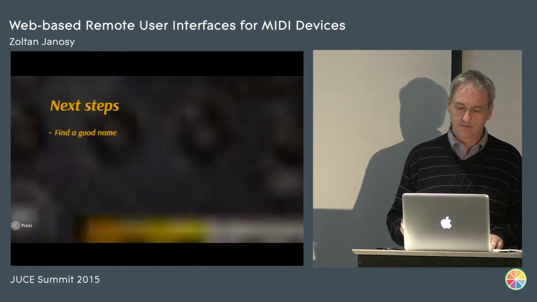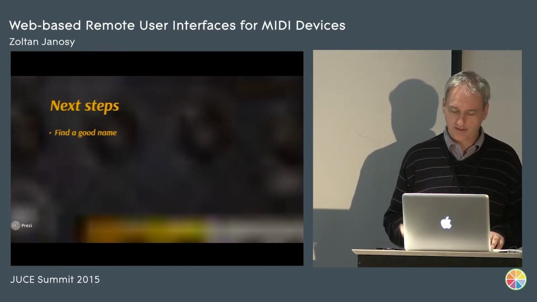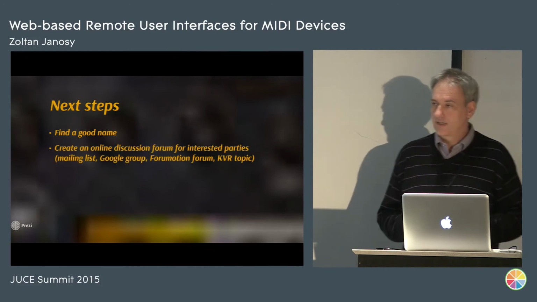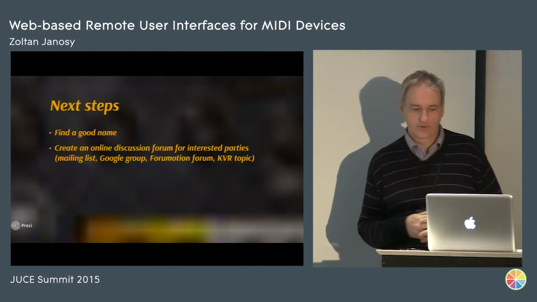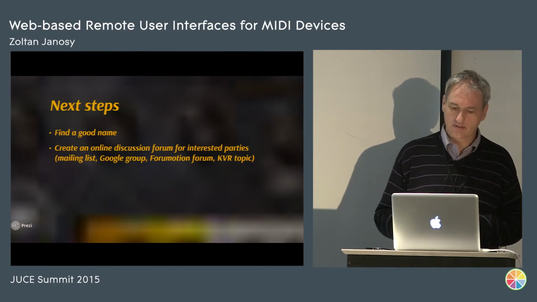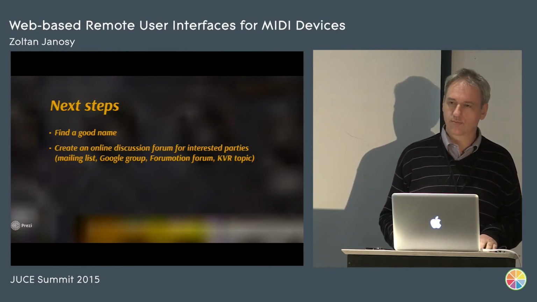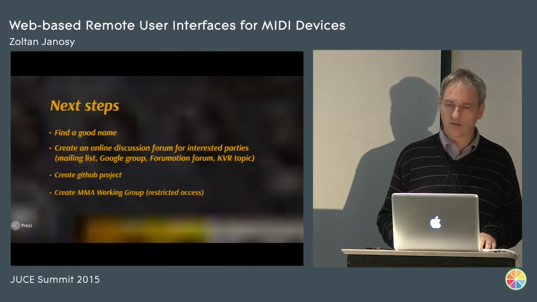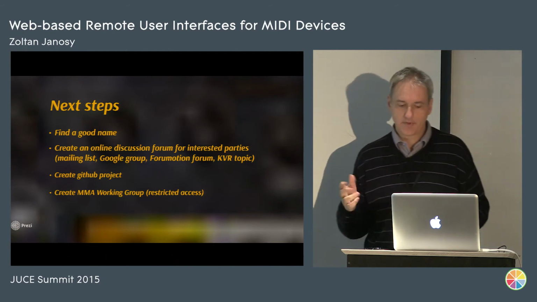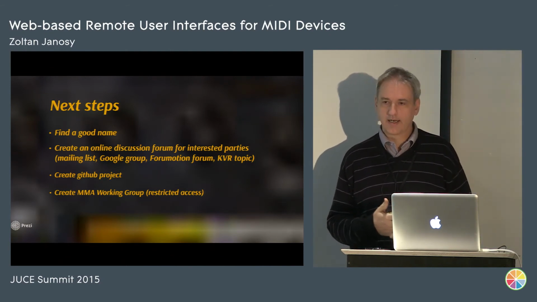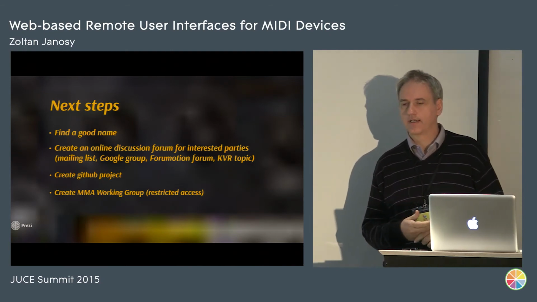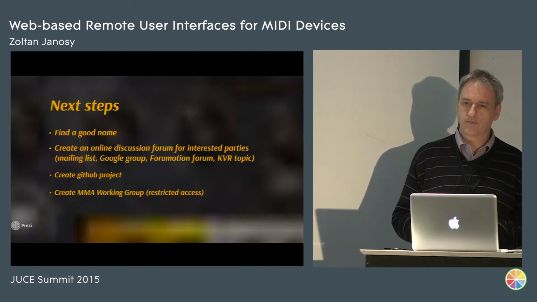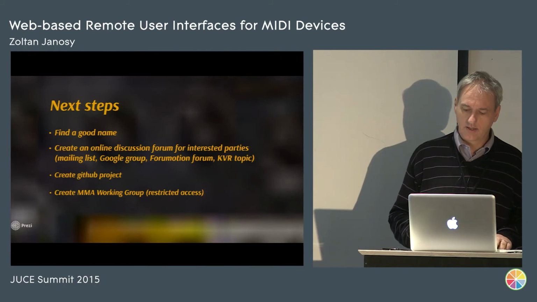So next steps: find a good name. I think this is the most difficult part. Then we can create an online discussion group for discussing things, a mailing list, Google group, or anything else. Create a GitHub project, or even create an MMA (MIDI Manufacturers Association) working group. I have actually brought up this idea on the MMA mailing list, and there was some interest in it.